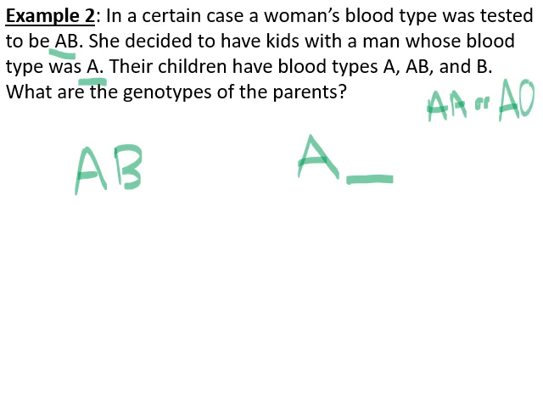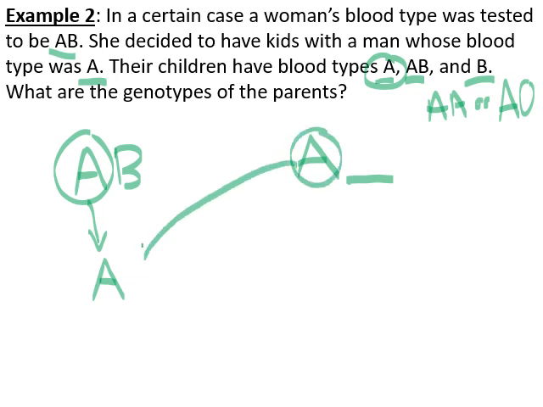So let's look at the possibility. We have children that are type A, type AB, and type B. To figure out the genotype of the father, we have to think, okay, well, this type A child could have been made from the A from the mother, and if it is type A, it could have inherited this A from the father, so that could have been one case.